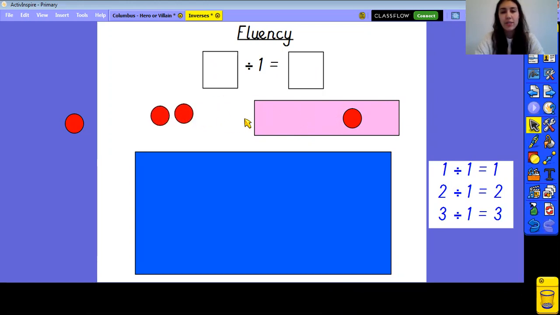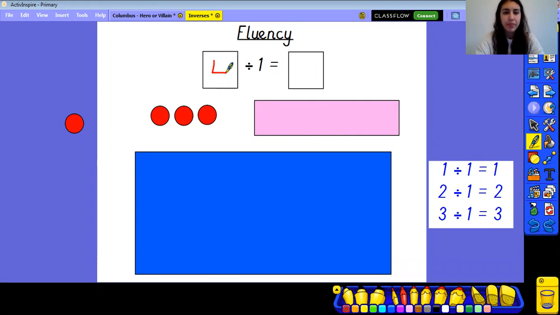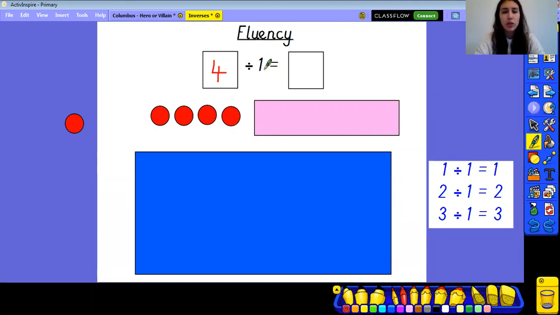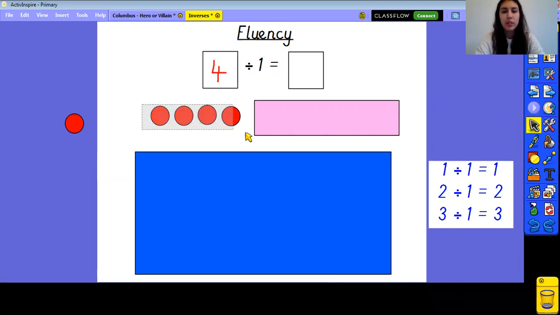Let's try the next number in our systematic sequence. So this time we're going to do 4. So that means I'm starting with 4 counters and I am dividing it into one group. So 4 shared into one group. There we go.